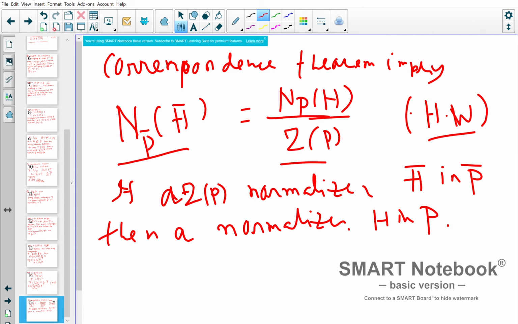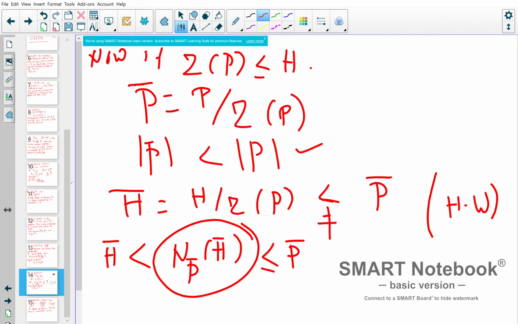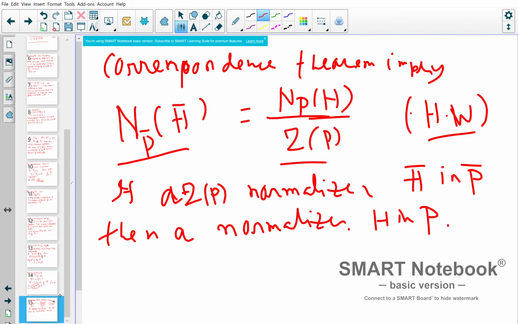And again from here, because this is a proper subgroup from the induction hypothesis, you will have H is a proper subgroup of the normalizer of H in P. This is actually the proof.